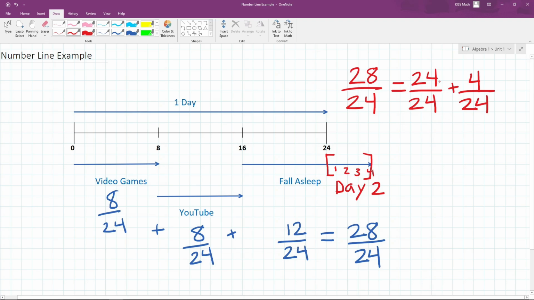And this 24 over 24, that's the same as 1 full day. And we still have our 4 hours from the second day. And we would write this as 1 and 4 24th days.